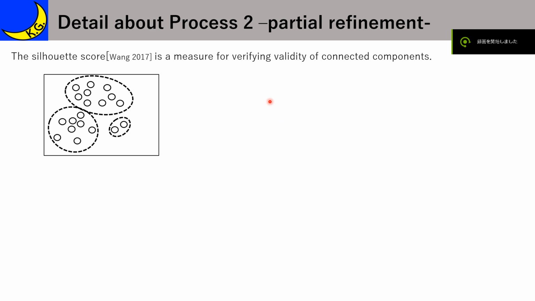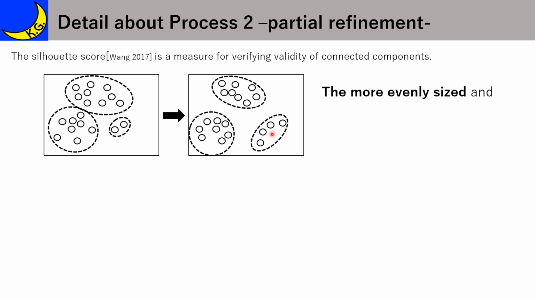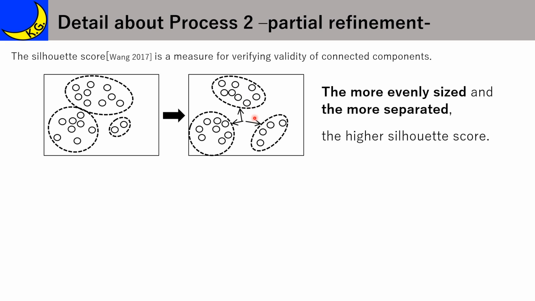To extend the refinement, we use the silhouette score, which is a popular measure for the evaluation of clustering validity. For the detected clusters, the more evenly sized the clusters and the more separated the clusters are from one another, the higher the silhouette score.